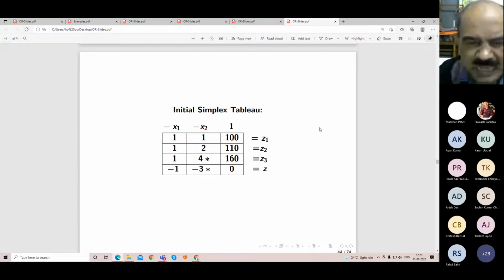The new extended table will have another 3 columns, so 6 columns and 4 rows. So 4 into 3, 12 elements. There, 6 into 4, 24 elements.